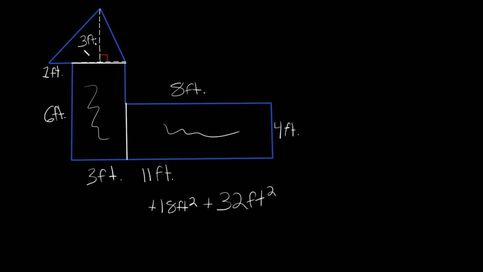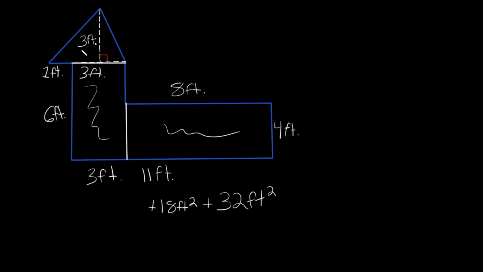And then we're going to find the area of the triangle. Well, if we know that this is 3 feet, this is also going to be 3 feet. And then this is 1, so the whole base right here is 4. And then the height is 3, and we know the area of a triangle is 1/2 the base times the height. So if the base is 4 feet and the height is 3 feet, that's going to be 12.